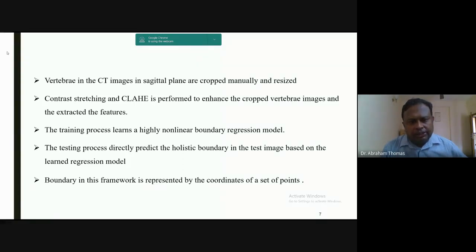The testing process directly predicts the holistic boundary in the test image based on the learned regression model. Boundary in this framework is represented by the coordinates of a set of points. We go for 100 points uniformly placed around the border of the vertebra.